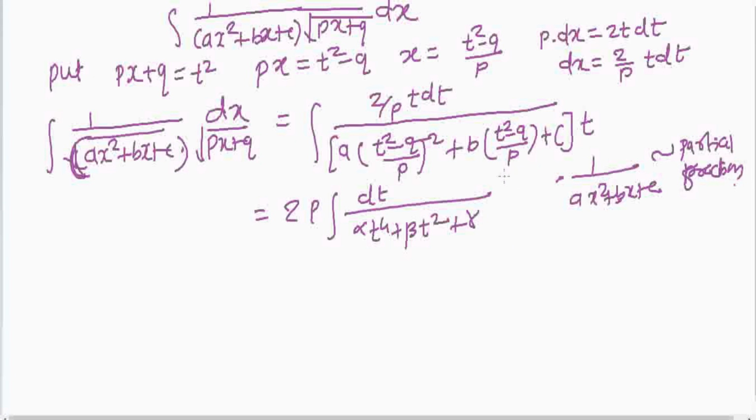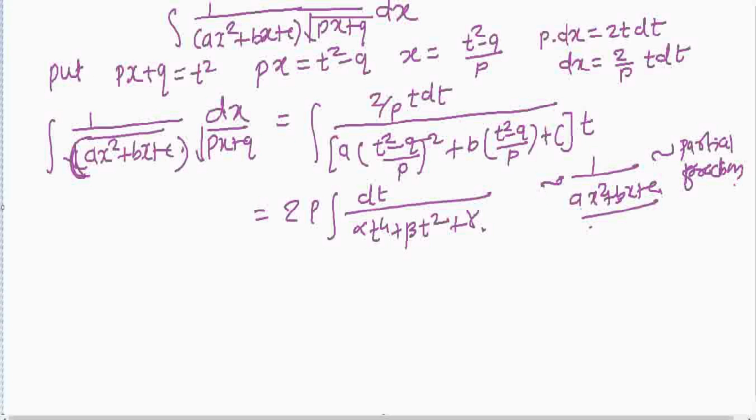So friend, by substitution the under root term will be converted into a simple form of the type alpha t raised to 4 plus beta t square plus gamma, and then it will be of the type 1 divided by ax square plus bx plus c. So now reduce this factor into two factors and then apply the partial fraction method to integrate such a type of integration.